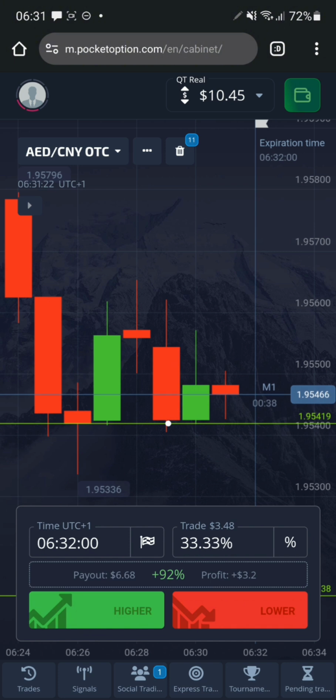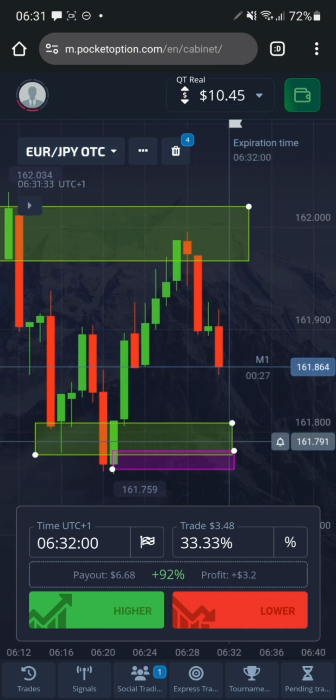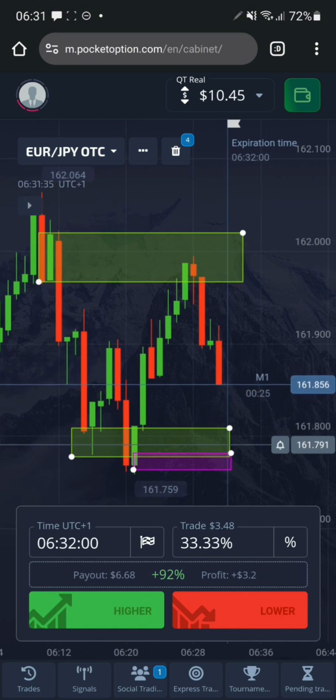Okay, our QM level trade might be inbound. So EUR JPY. So let's see. So we'll just wait for this zone to come down.